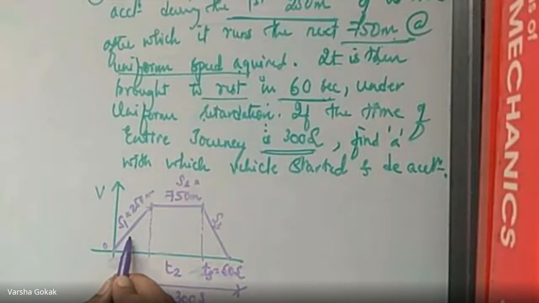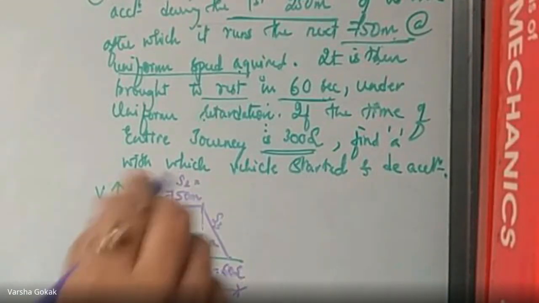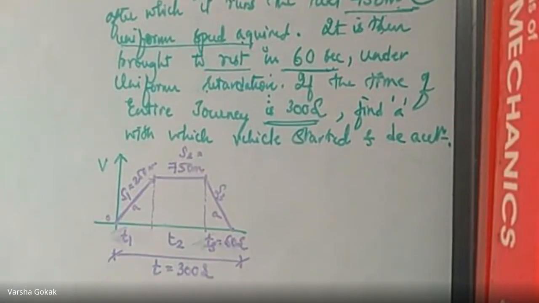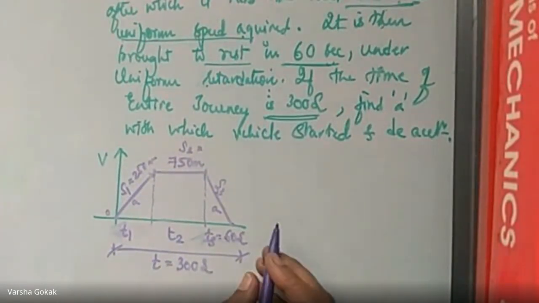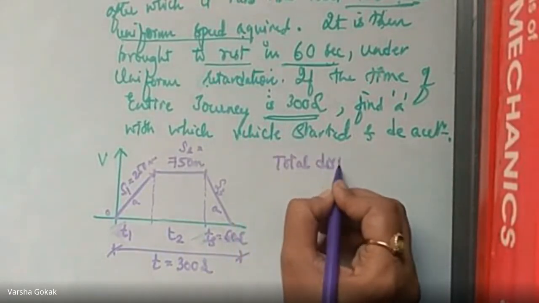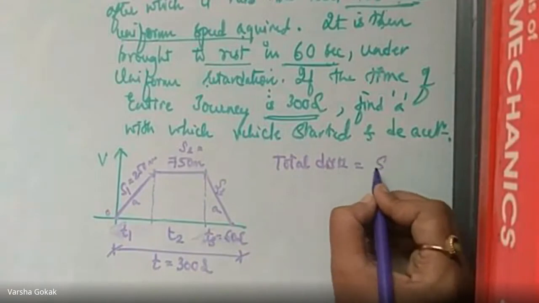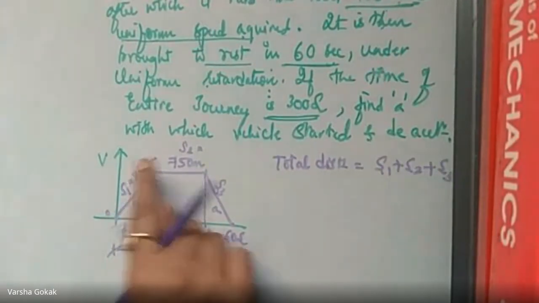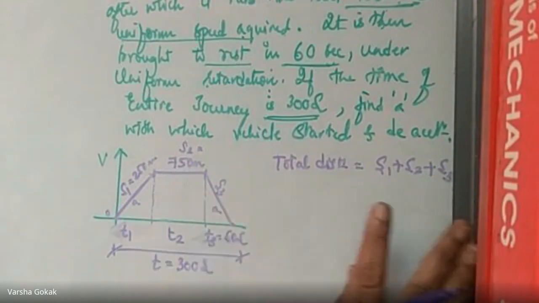Find the acceleration and the retardation, meaning the acceleration that is coming with a minus sign. We have to find these two. From this, first thing I'll write is the total distance traveled would be S1 plus S2 plus S3. S3 is not given to us.